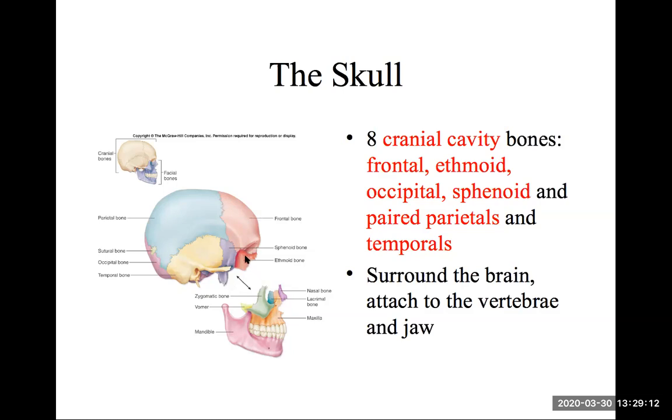We have a single ethmoid, a single sphenoid, so that's 4, and then there's paired left and right parietals and paired left and right temporals. If you consider this as a single unit, it will surround the brain, attach to the vertebra, and also attach to the jaw.